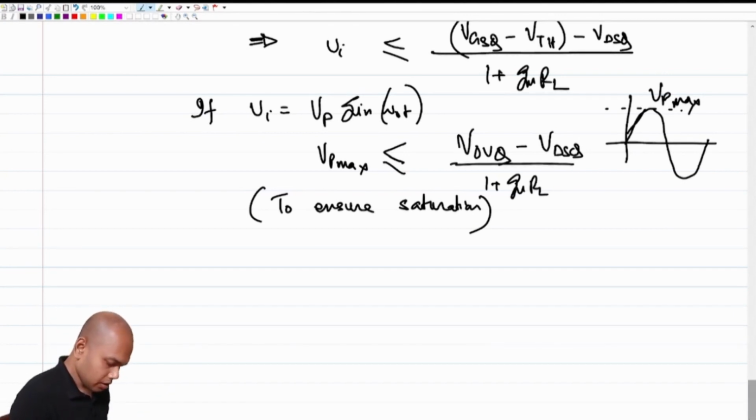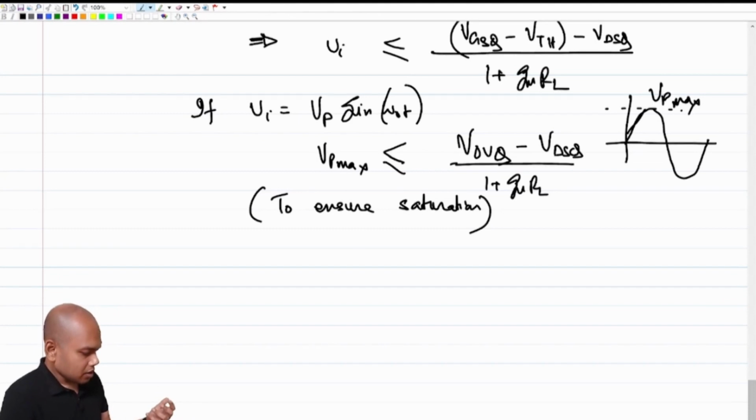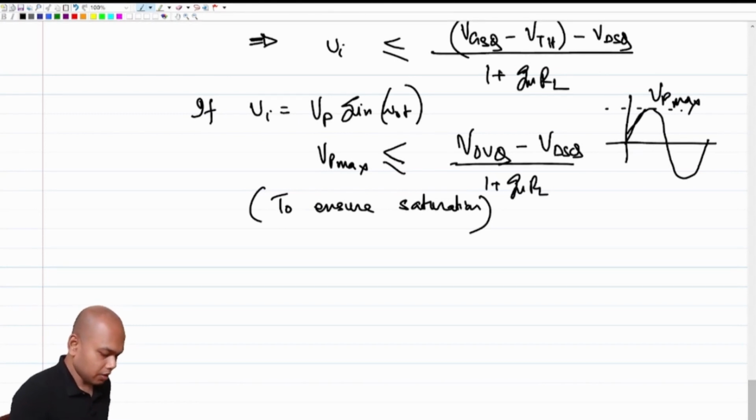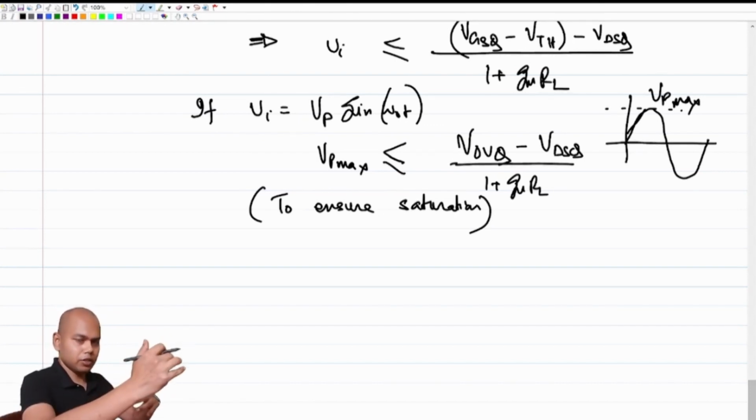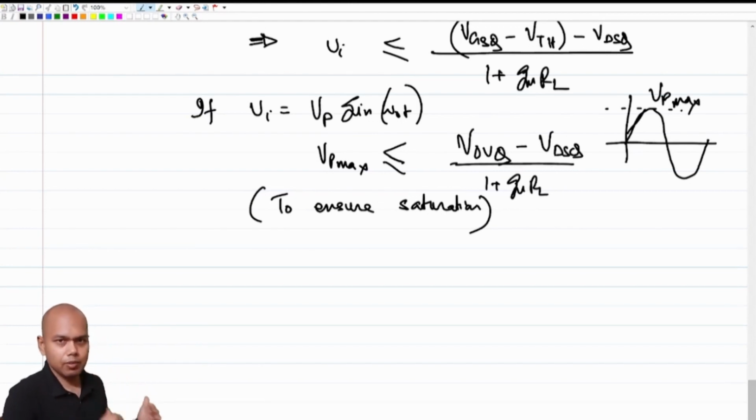Okay, so now naturally what happens in the negative cycle? We have talked about this. In the negative cycle, going out of saturation is no longer a problem, because the gate voltage is going down, drain voltage is going up, so the transistor is comfortably in saturation.